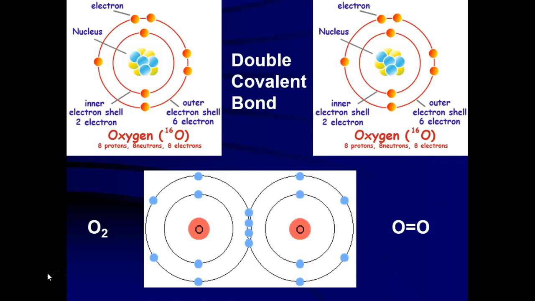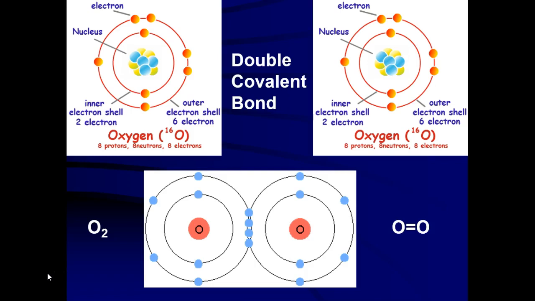So, it finds another oxygen atom. And in this case, what they do is they share 2 pairs of electrons. Hence the name a double covalent bond. Share 2 pairs of electrons. And just like that, all of a sudden, by their sharing, they now have fulfilled the octet rule. They now have the configuration of a noble gas.